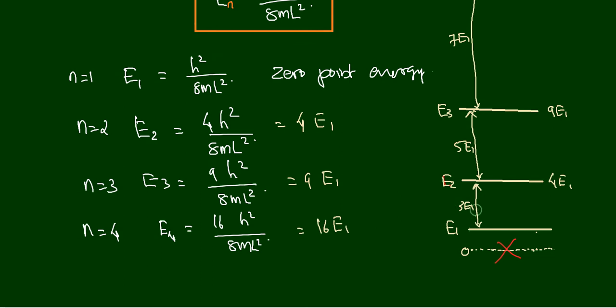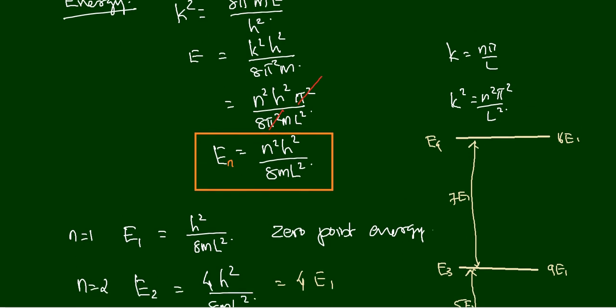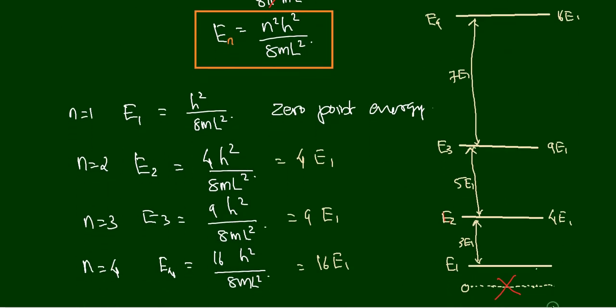The difference between the first and the second is 3 E1, then the second and third is 5 E1, then next is 7 E1, like that. The difference is increasing, right? So as we go to higher states, the difference between the successive energy states is increasing. That is very particular to the particle in a one-dimensional box.